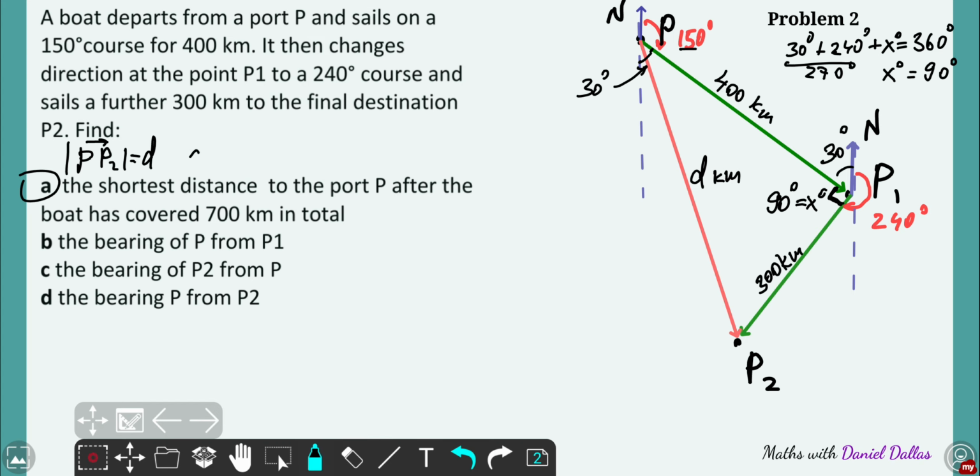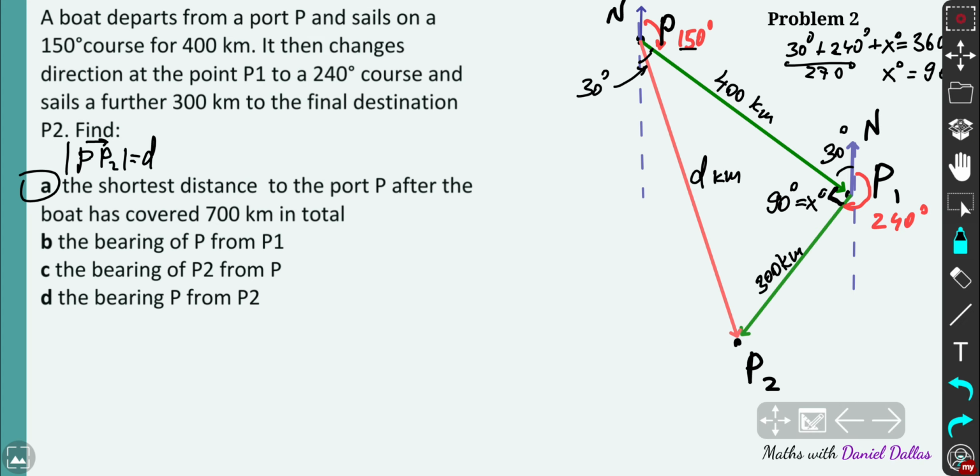So d squared is going to be the result of 400 squared and another 300 squared as two legs.